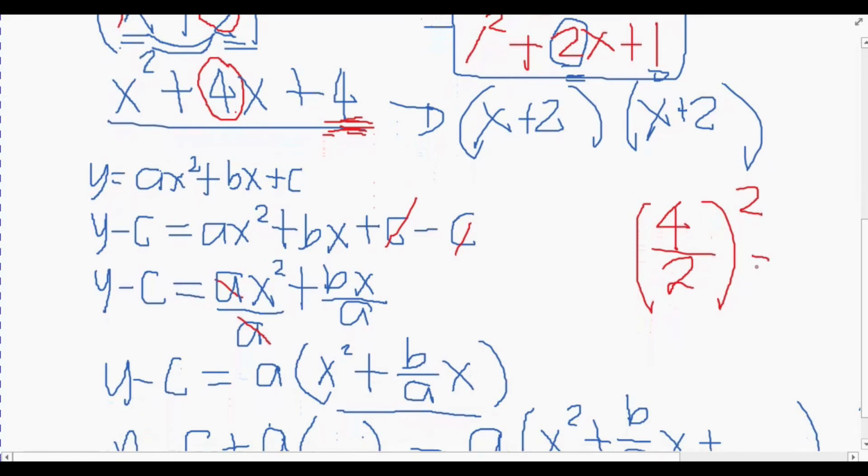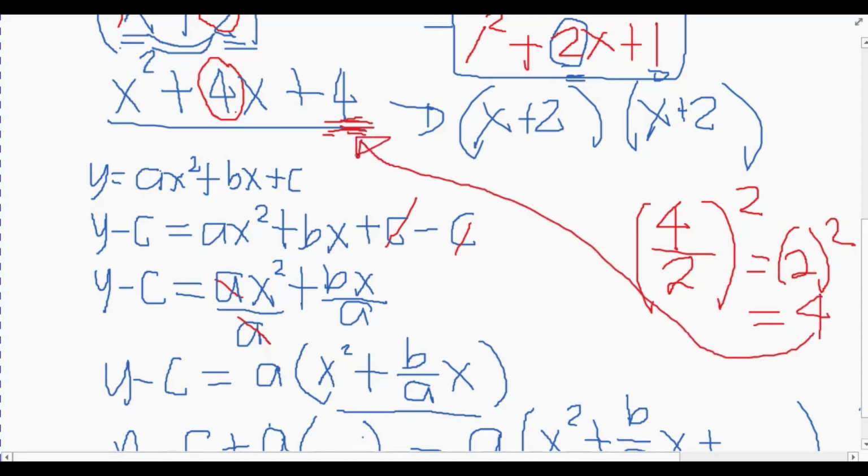So this will become 4 divided by 2 is 2. So 2 squared equals 4. So this is our last term, or the third term.